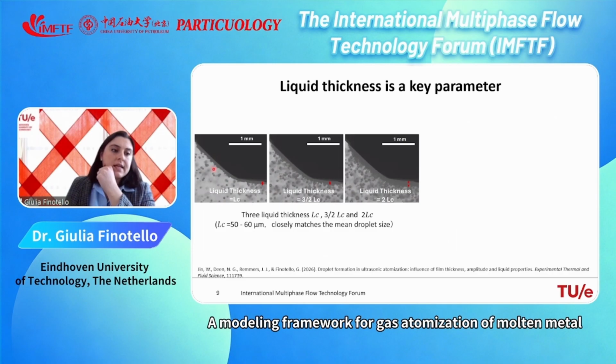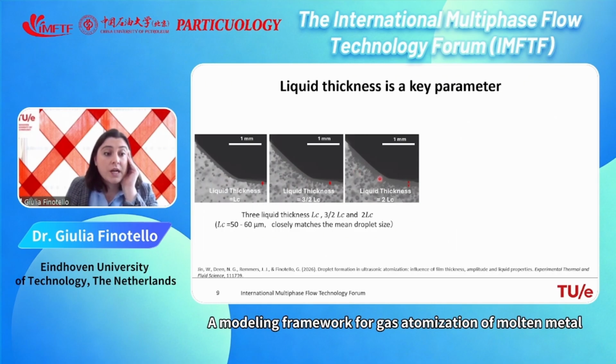And this in gray here is the water liquid thickness, the film on top of the tip of the nozzle, and you see that in this case it is very thin, while in this case it is intermediate, and then here the liquid thickness is increasing.